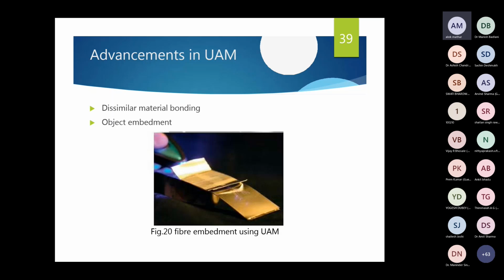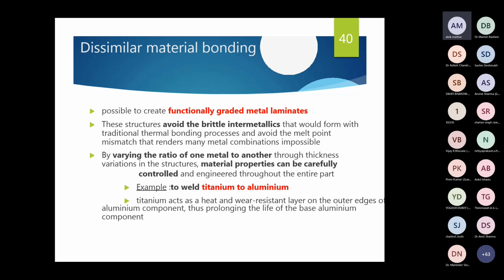What are the advancements in this method? Further, dissimilar material bonding is possible. Object embedment. So this is it. We can try this method for dissimilar material bonding, and objects may be embedded in between. Now, what is dissimilar material bonding?